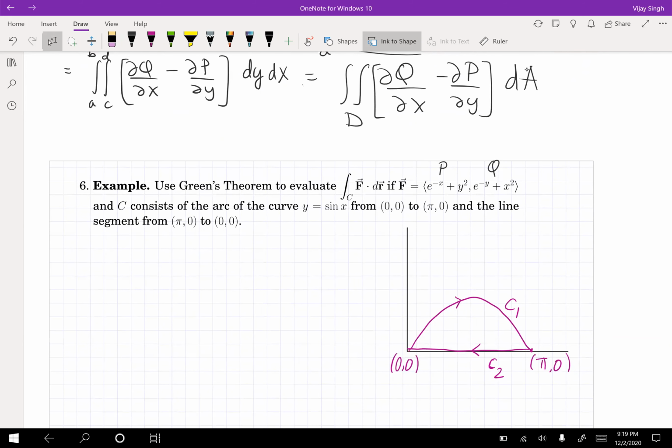We want to compute the integral over C, and your C is basically C1 union C2. What we'll do is as follows. We'll basically do C2 to C1, right? So let's do this one now.